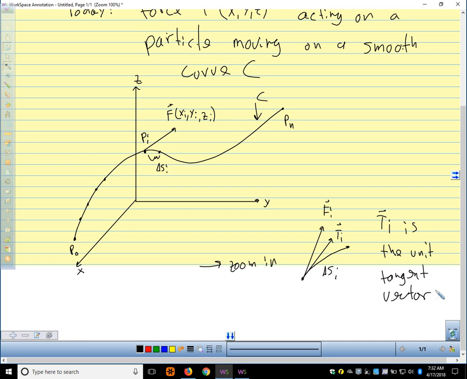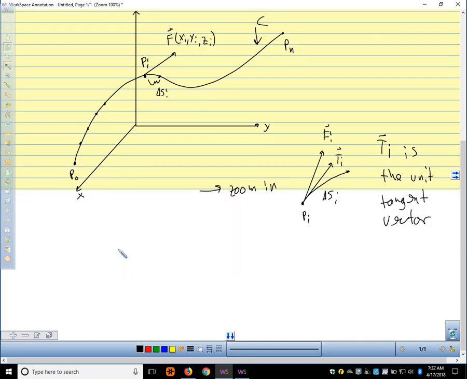Only the force that's acting in the direction of T sub i does work. At point i, at P sub i, only the force acting in the direction of T sub i does work. At P sub i, the unit tangent vector is in the direction of motion. So our small increment of work, delta W sub i, is equal to the force at that particular point, x sub i, y sub i, z sub i, dot T sub i.